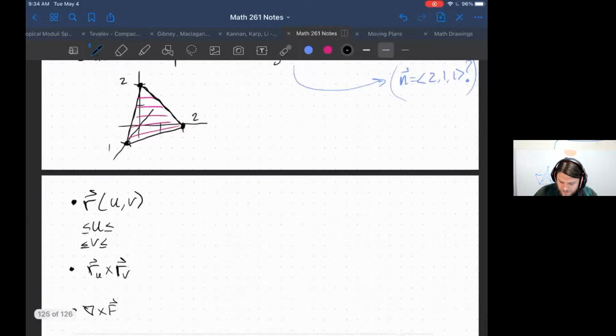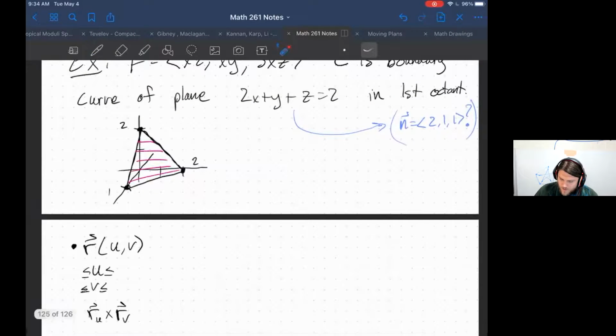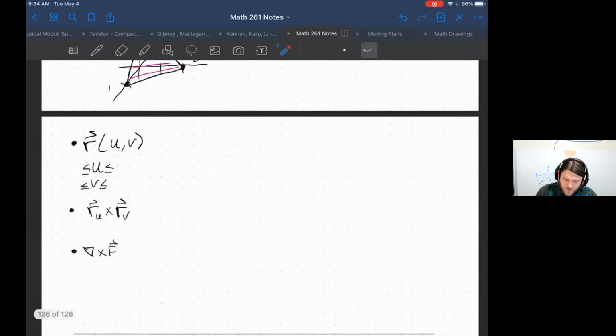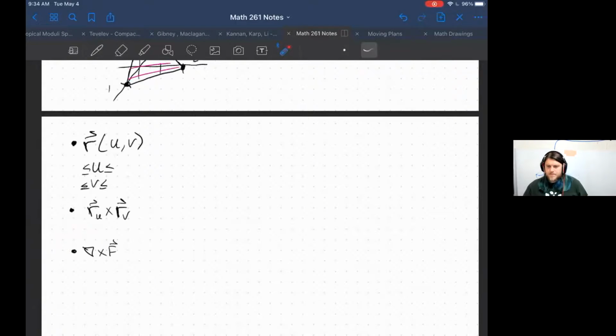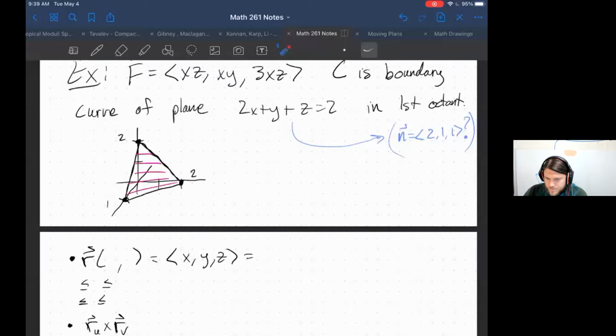And then once we do all that, I'll check in and we'll write down the full integral. I will set some sort of timer, give 3 or 4 minutes, and then I'll come back in and check on this parameterization. We'll give another 2 to 3 minutes for the cross product, and then another 2 to 3 minutes for this curl vector. And then after all that, we'll finish up. So I'm also going to pause the recording.